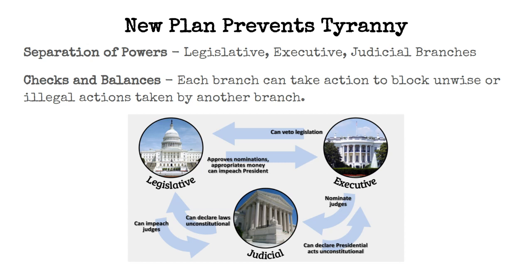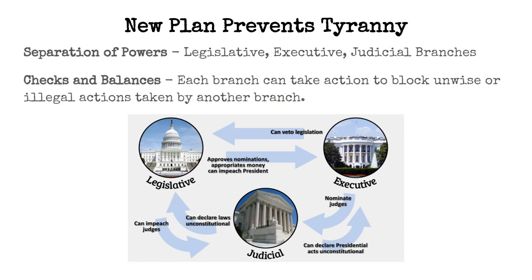So the delegates made sure that they created some systems, and that included separation of powers into branches, as well as checks and balances. And you can see that checks and balances means that each branch can take an action to block anything that they think is an unwise or illegal, unconstitutional action that another branch is doing.